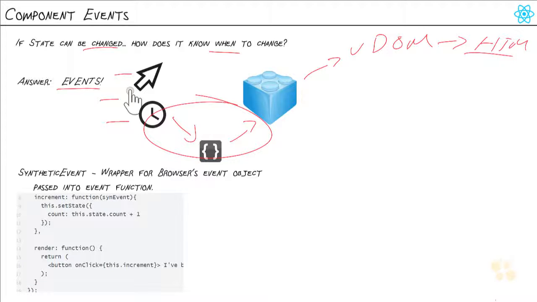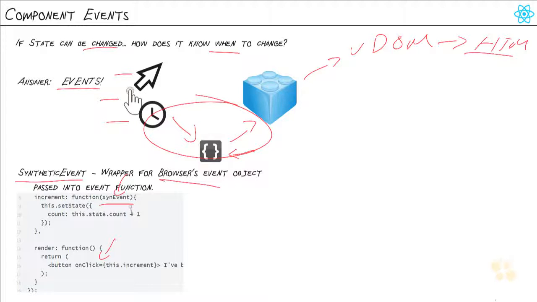First of all, the object that gets passed into your function is actually called a synthetic event. It's a React-specific element that wraps around the browser's event object, and that's what gets passed into your function here, like I showed off in this little example. Here's my increment function, which is handling the onClick event, and I'm taking in this syn event object. The difference between the event from your browser and the synthetic event that React produces is that it cleans up and normalizes all of the different variances between browsers and between versions of browsers that you might be using.